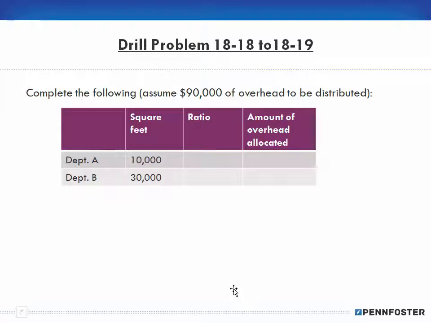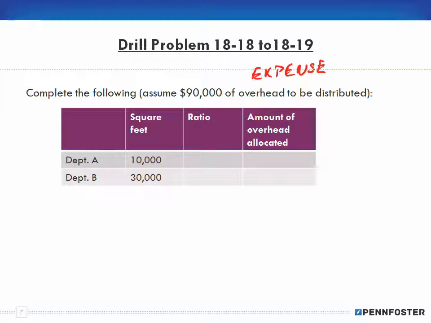18 and 19. Assume the following: $90,000 of overhead. That's our overhead expense, to be distributed. So this here is the distribution of the overhead.